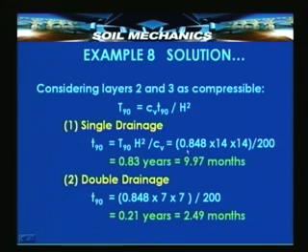So, using that value, 0.848 into 14 into 14, that is T90 into h square, divided by the given value of Cv, 200 meter square per year, will give you 9.97 months as the time required for 90% consolidation in the worst case, that is single drainage case. In the better case of doubly draining one, it takes place much faster and it only takes 2.49 months.